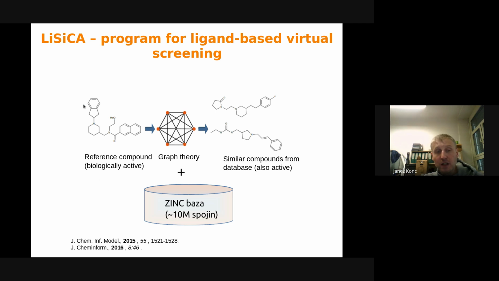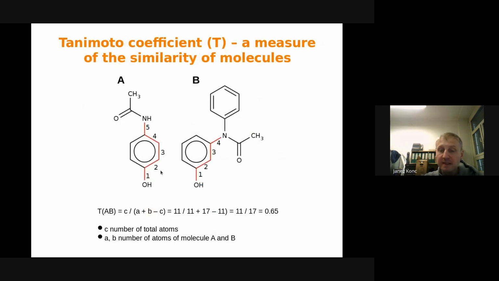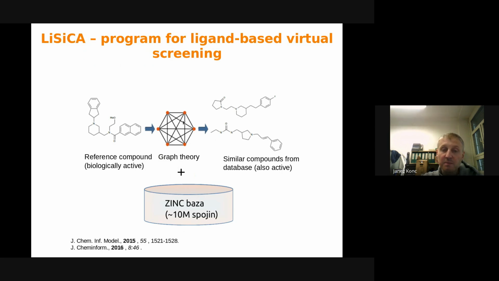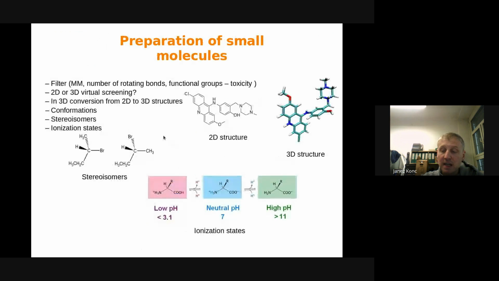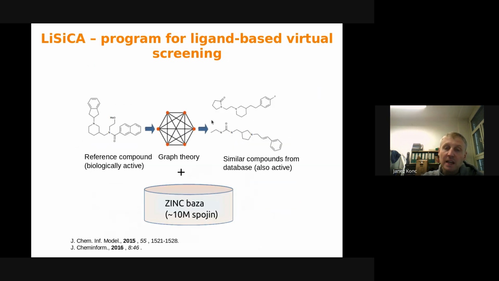So you have a reference compound, and then you have a database of compounds, for example the ZINC database, and this Lisica algorithm, which is based on graph theory, enables you to find compounds within this ZINC database that are similar to your active reference compound. The hypothesis here is that the similar compounds that you can find in your database, because of this similarity to the known active compound, will also be active themselves.